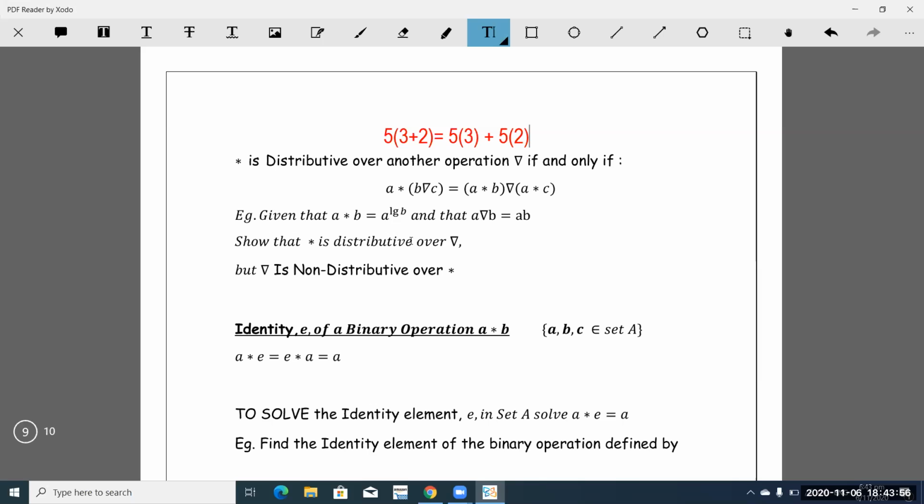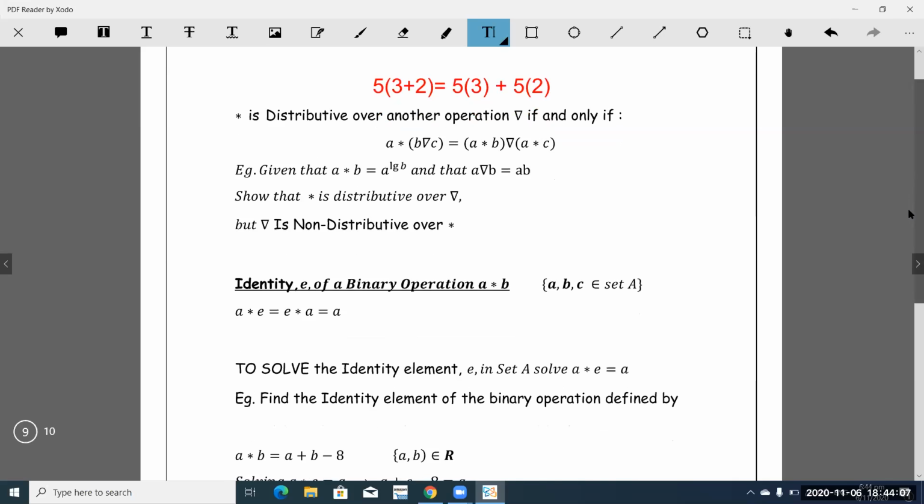And that's when a binary operator is distributive.